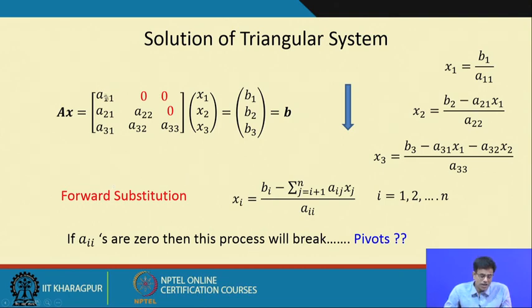So we have to ensure that the diagonal entries by which we are dividing should not be 0. If it is 0, our procedure will break. This leads to an important concept called the pivot, which will be used in Gaussian elimination.